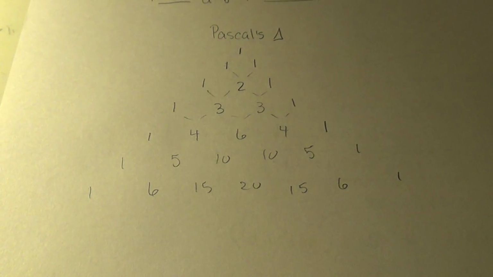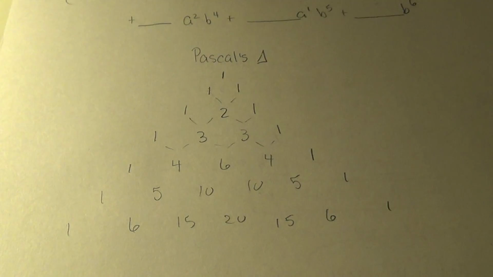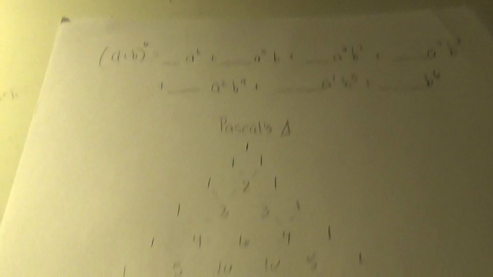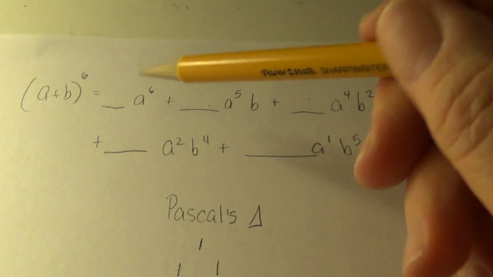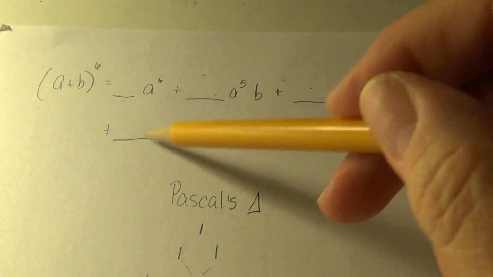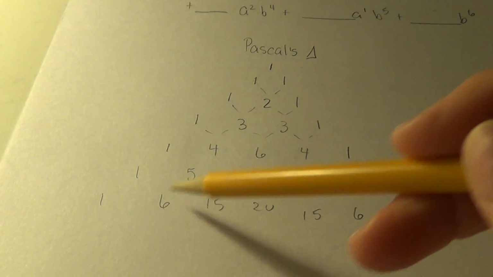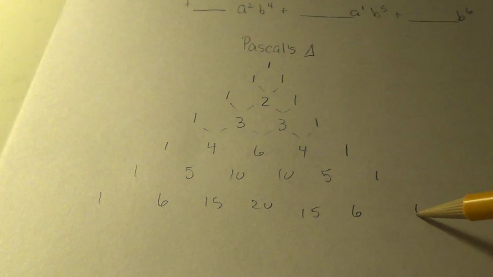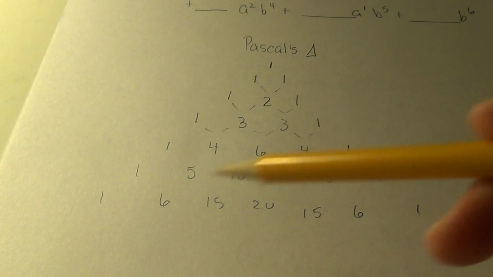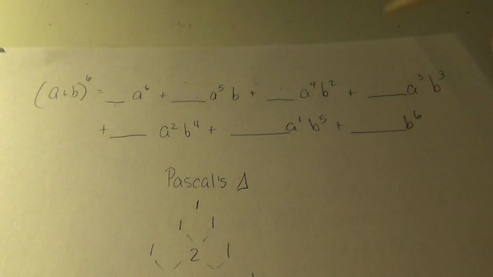All right, I have to go as far on Pascal's triangle as necessary to get the number that matches the number of blanks in my problem. So I have 1, 2, 3, 4, 5, 6, 7 blanks. And this last row is 1, 2, 3, 4, 5, 6, 7. It's a match. So the number will go in each blank.